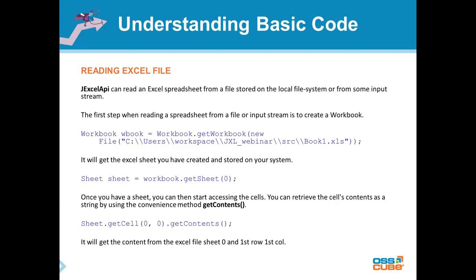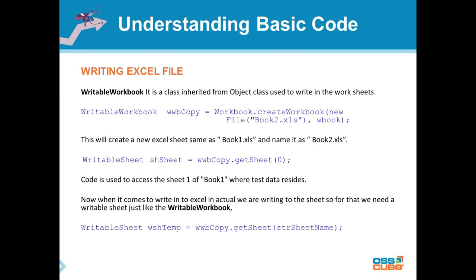Now moving forward, we have writing Excel file. So once we are done with the reading part, we move to the writing part. So for the writing part, we will use writable workbook. What we are going to do is copy the book 1 content to book 2 and then start processing on the book 2.xls.